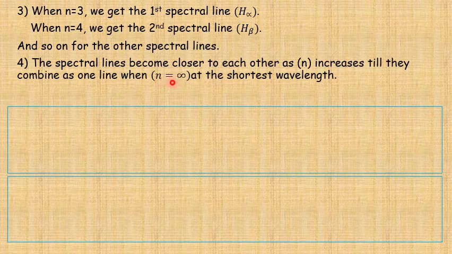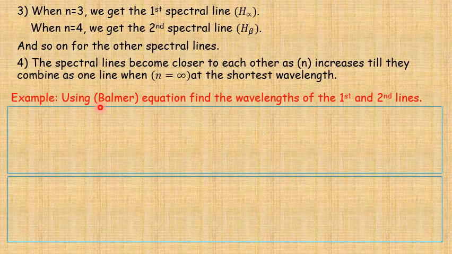When n equal infinity, here all the lines combine together to form one line. So they are going to become closer to each other step by step till n equal infinity. And actually you can see this so clear in the picture we explained it before.